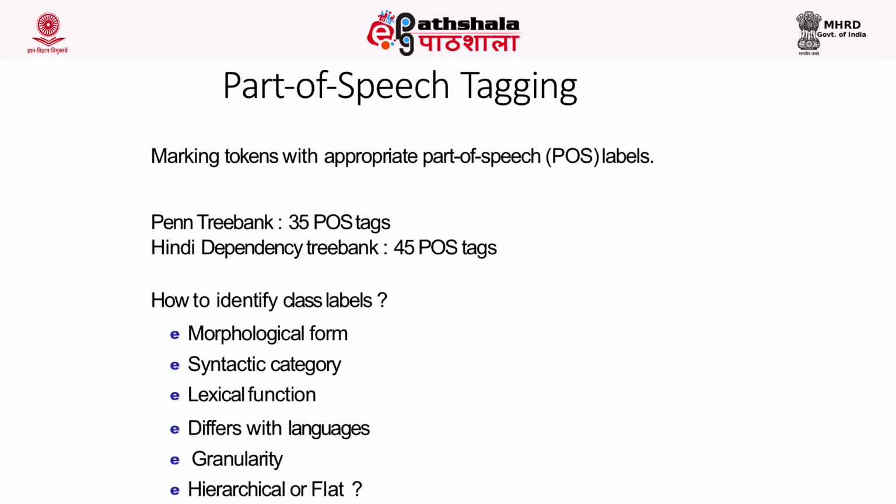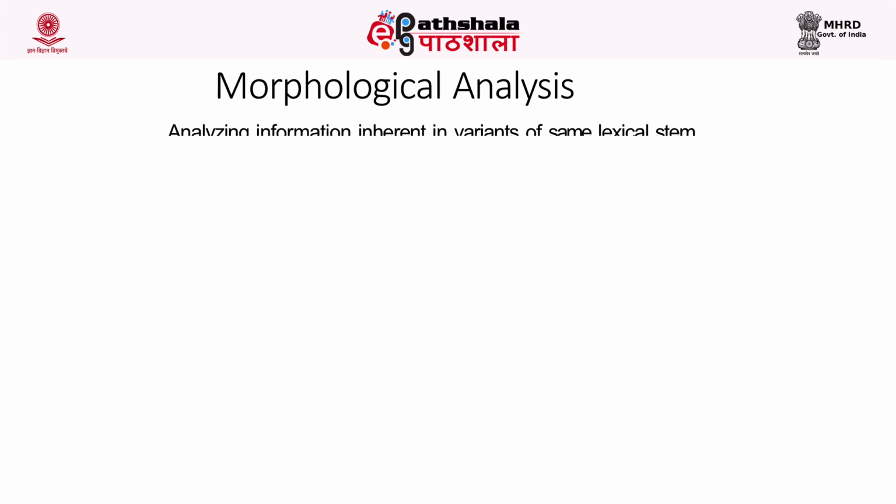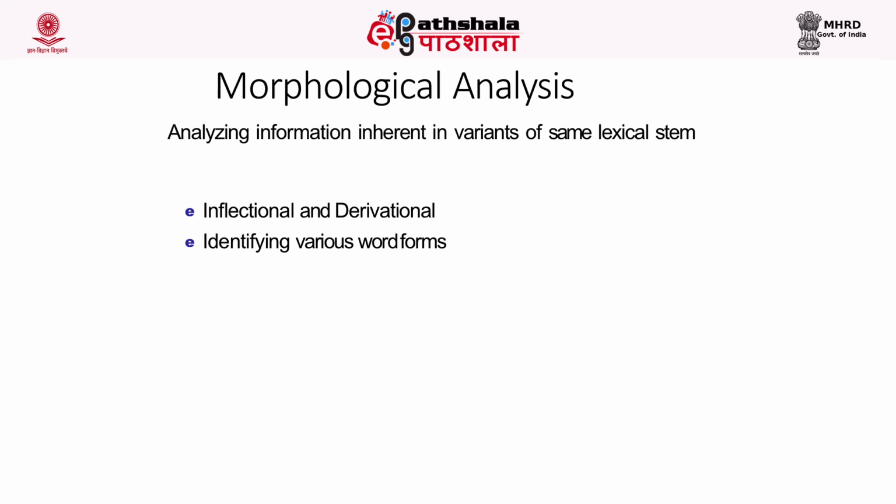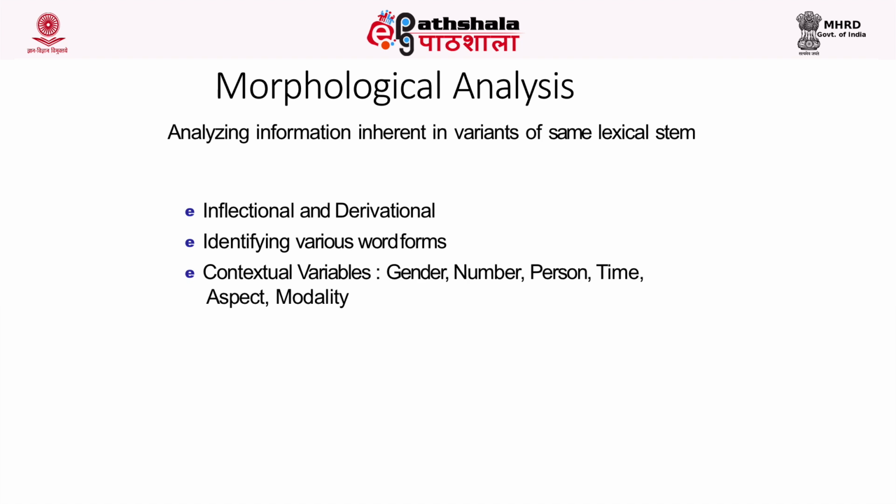The next step in the analysis is morphological analysis. In morph analysis, one analyzes inherent invariants of the same lexical stem. And as is known, morphological analysis can be inflectional or derivational.